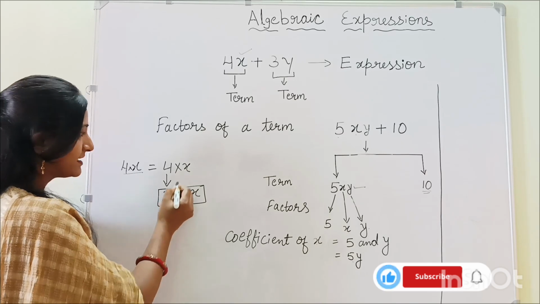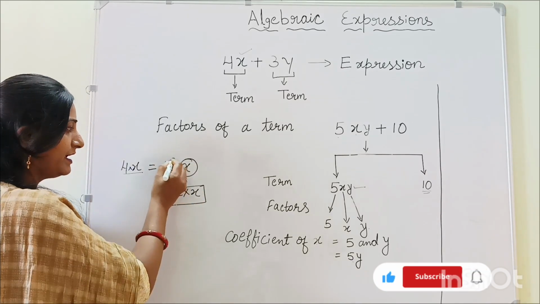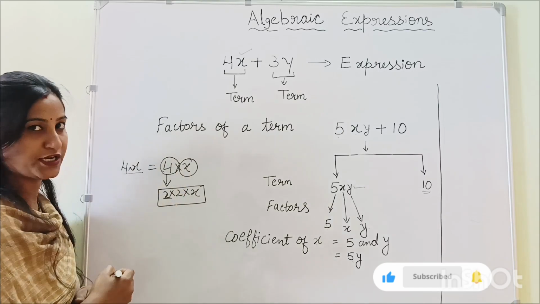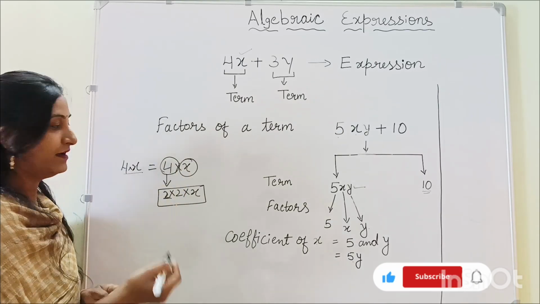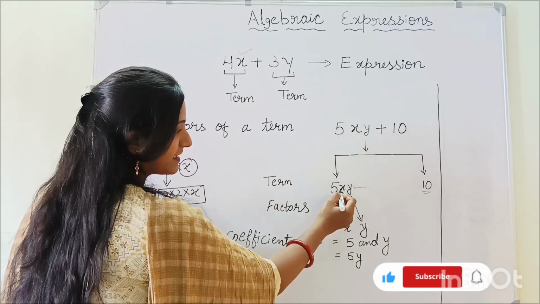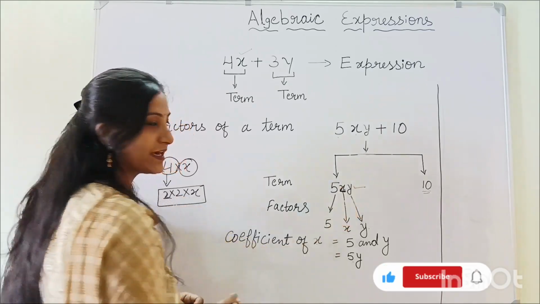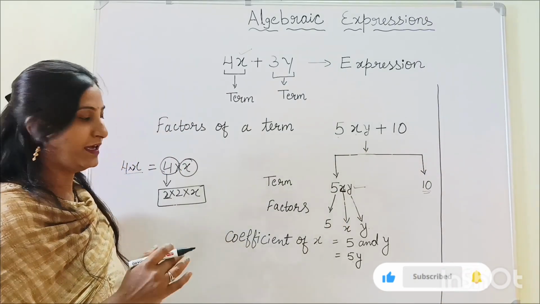Now if I ask what is the coefficient of x here, the remaining factors will be the coefficient of that factor. Here, suppose the coefficient of x: this x is written, and the remaining factors will be the coefficient of that term.